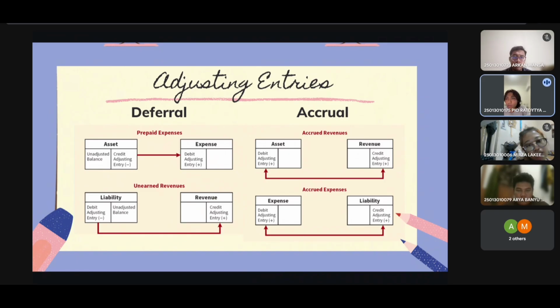And for the accrual, for accrued revenues, the asset is in debit where it increases and the revenue is in credit where it increases. For the accrued expenses, the expense is in debit where it increases and the liability is in credit where it increases. Next.